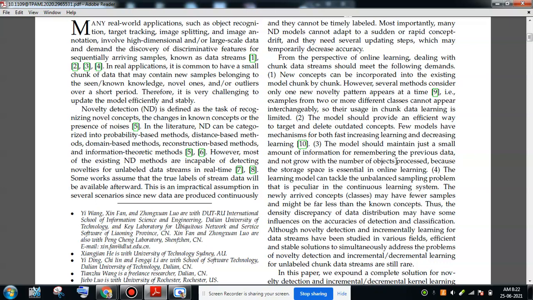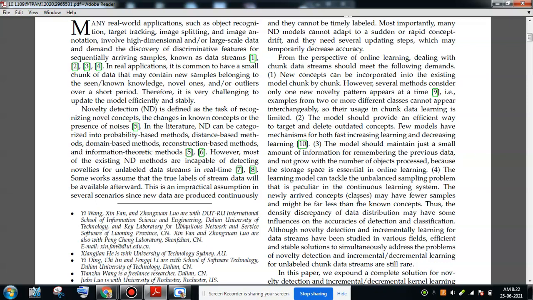Of course, because it's online learning, the things are coming fast, so you don't have much memory to maintain. So you need to maintain a small amount of information for remembering previous data. That's the third one. And the fourth one, the learning model can tackle the unbalanced sampling problem, which is peculiar in the continuous learning system.